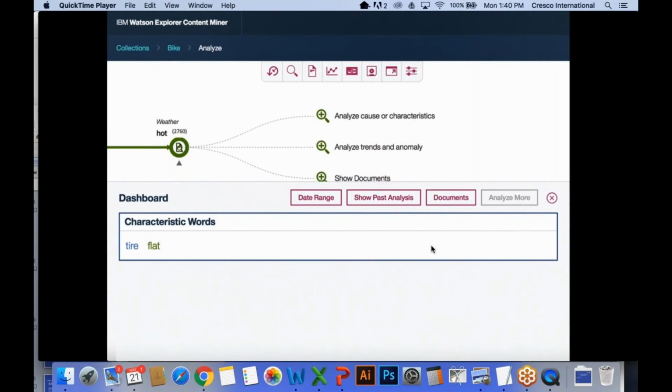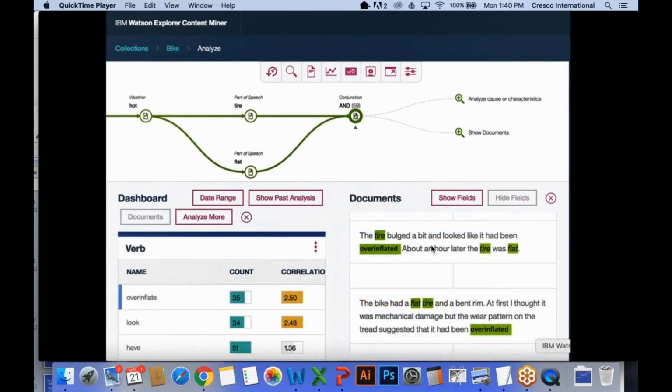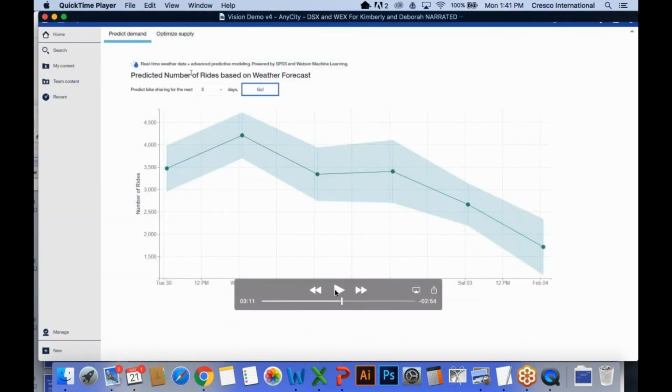Now, yes, in hotter days, the tire does tend to get flat, and so maybe I should reach out to my maintenance team and tell them, look, we've analyzed customer feedback, we've looked at unstructured data, and we've figured out we need to be inflating our tires a little bit more on warmer days so that we don't have flats where people say, you know what, it's too hot, the bikes are not as powerful as they are, and we should stop riding these bikes. I'll just take the train or the tube or whatever other mode of transport I have available to me.